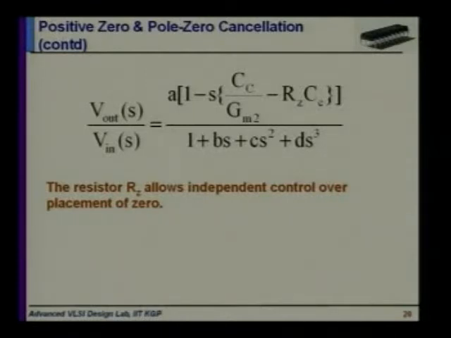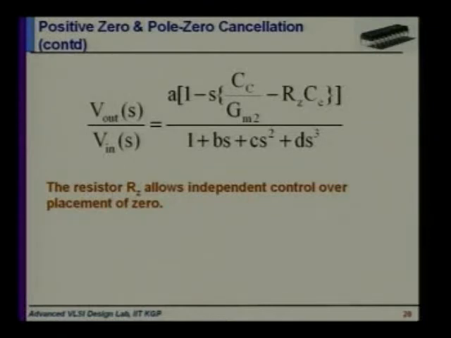If you change Rz, the B, C, D coefficients will hardly vary. The major variation takes place in the position of the zero. So by choosing the value of Rz, you can place the zero at any position in the frequency curve.